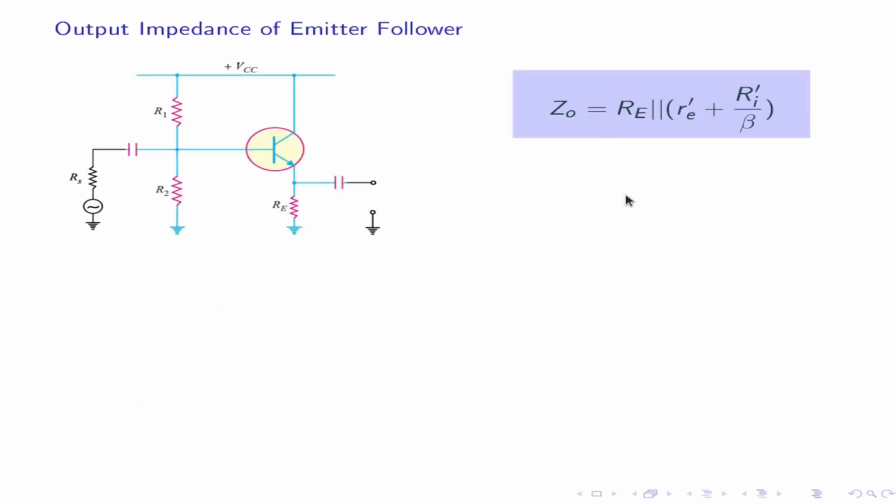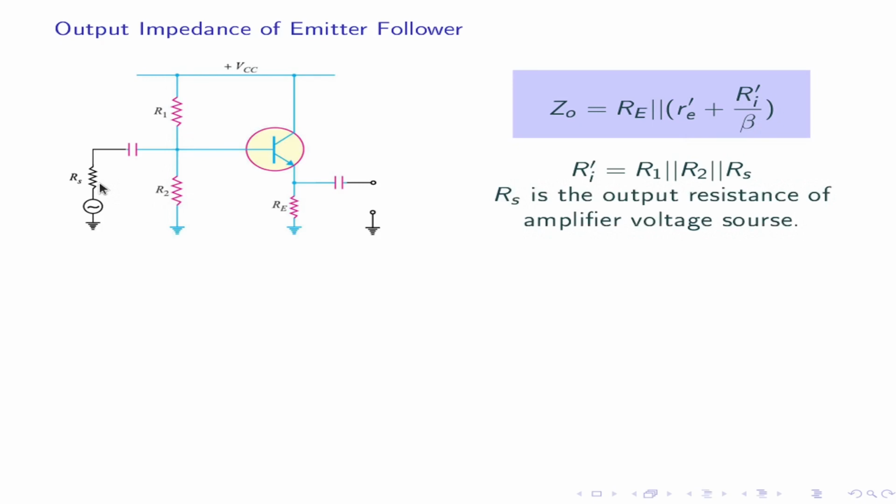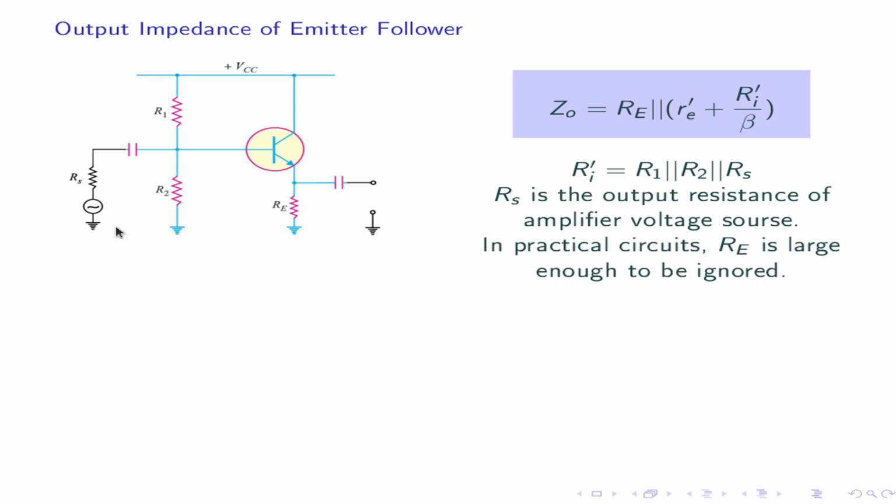Output impedance of emitter follower ZO is given by RE prime parallel RE prime plus RI prime by beta, where RI prime is R1 parallel R2 parallel RS. RS is the output resistance of the amplifier voltage source. In practical circuits, RE is large enough to be ignored.